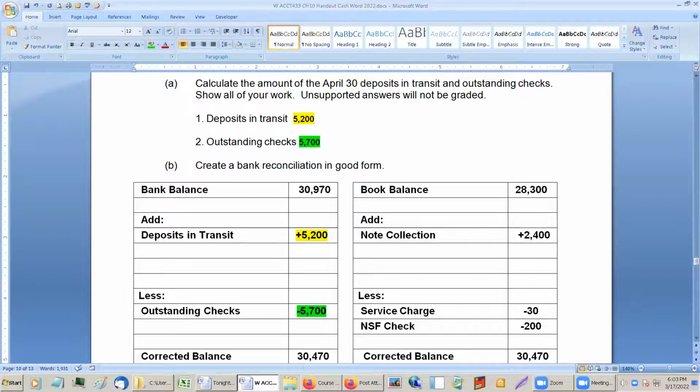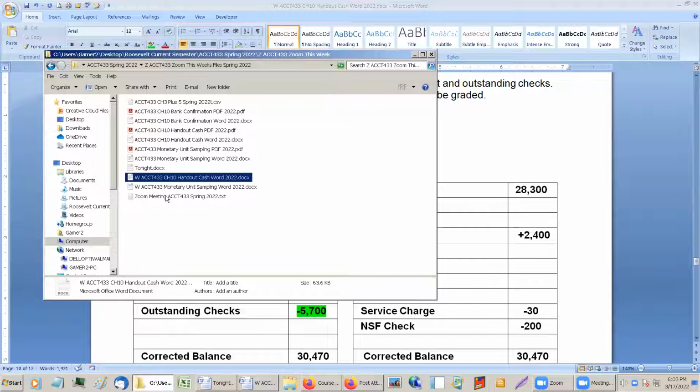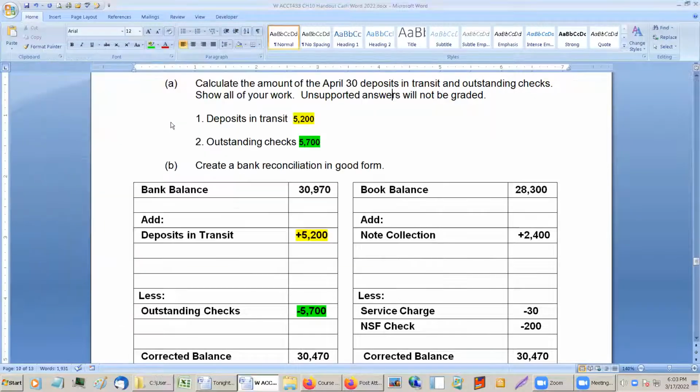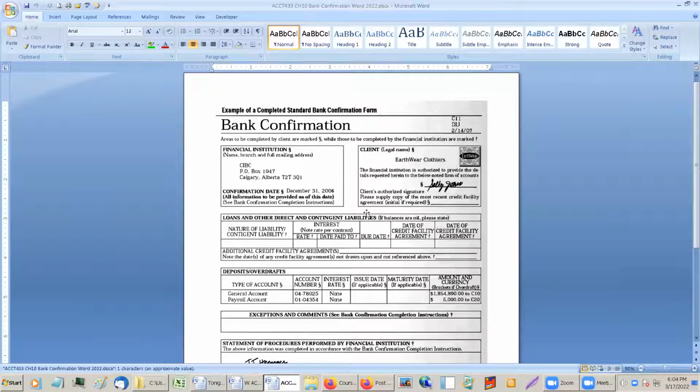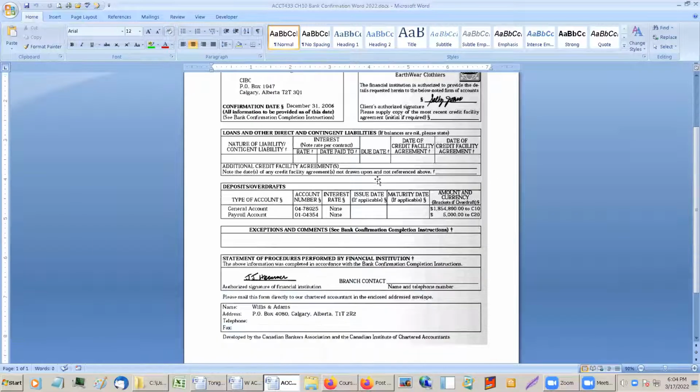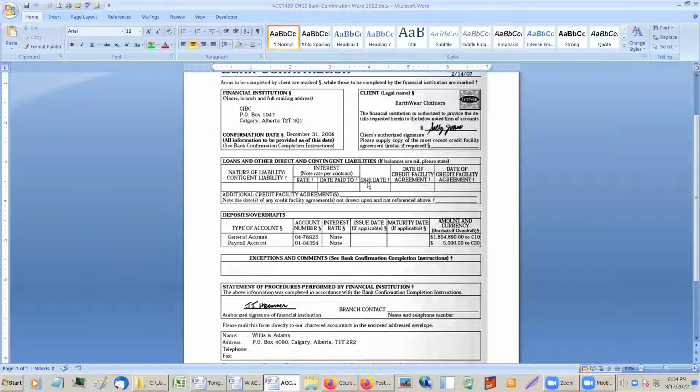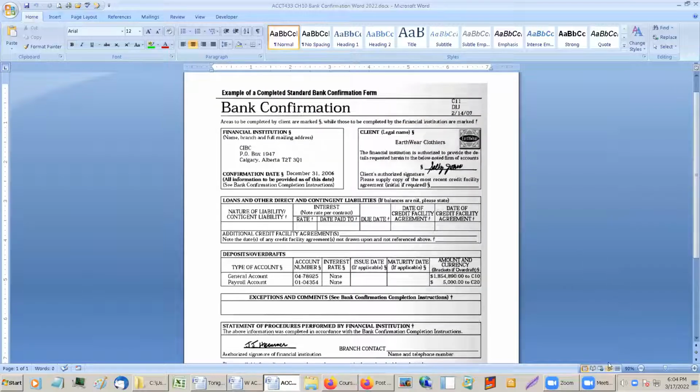All right, one thing I want to show you guys that I didn't show you before, and I probably should have, and that is I sent out a, this is a really old bank confirmation, but this is what a bank confirmation looks like. And a bank confirmation is different than a bank statement.